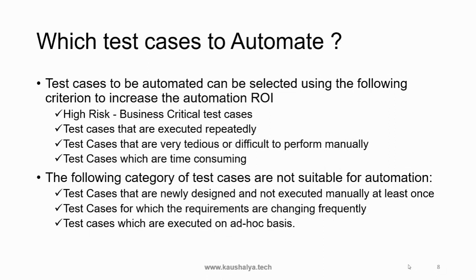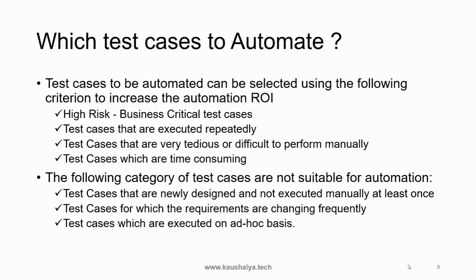And the things which have to be executed repetitively, we have to consider, and maybe sometimes those which are very tedious to perform manually, and also the ones which are really time consuming. Test automation is not suitable if a new system is designed, because we have to execute it manually at least once, and only then can we go for test automation.